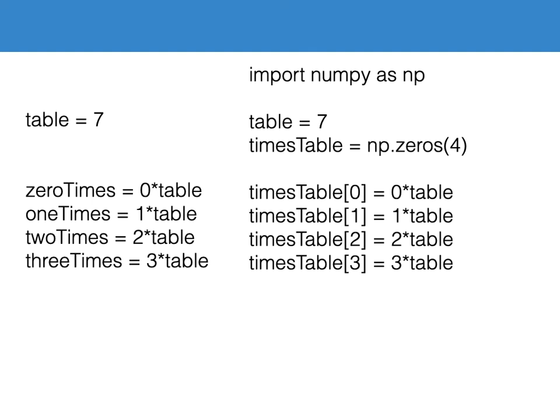There are 2 important steps when we do so. The first of these is that we have to create an array with the appropriate size. This is achieved by the line shown here, which tells Python to create an array containing 4 zeros.